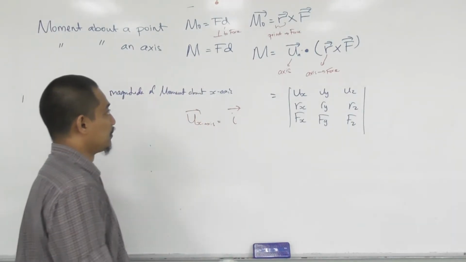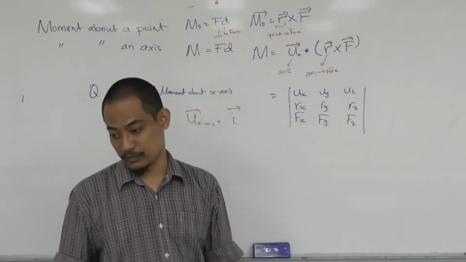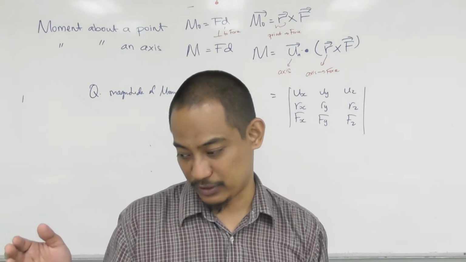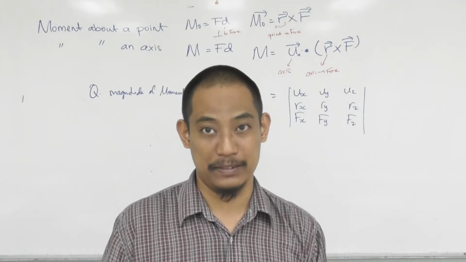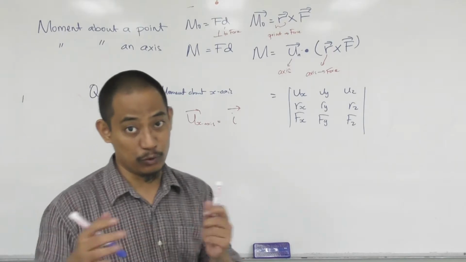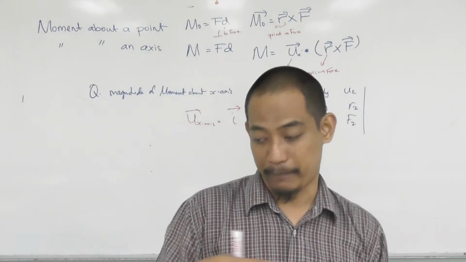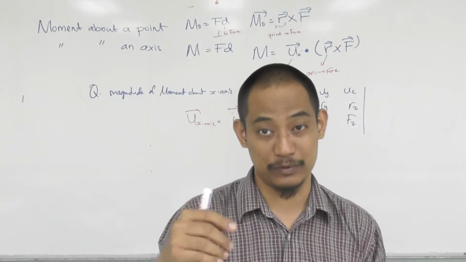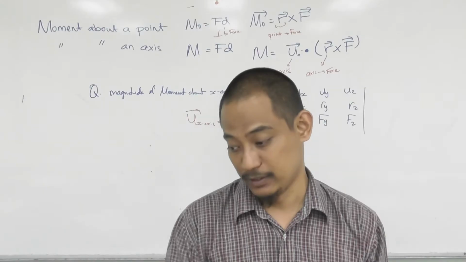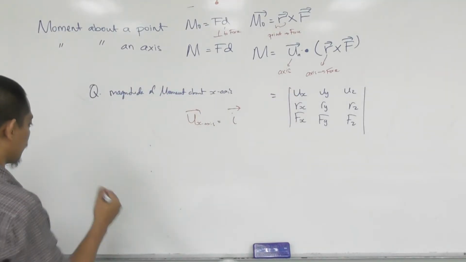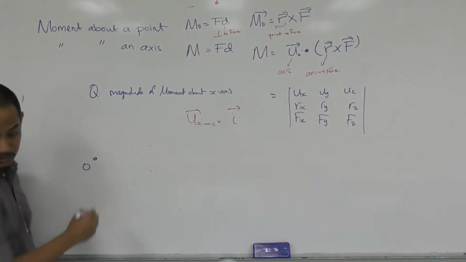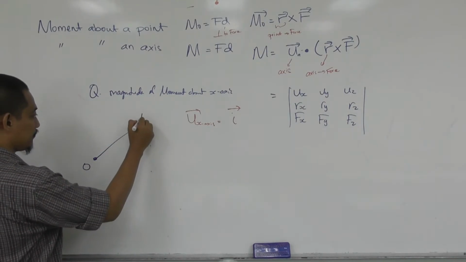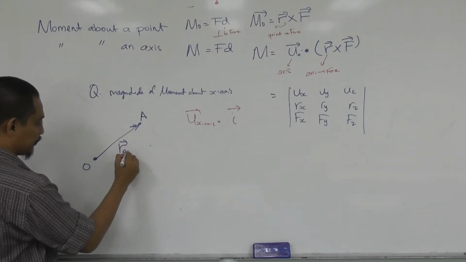What about r? Again, you have to identify what the important points are. In this case, the important points are O and A. It's not actually O, but the axis, right? But if you have any axis, the easiest point to use is the origin, because that's one of the points on the axis. So that's the easiest one. So you use point O to point A, right? That will be your r, rOA.